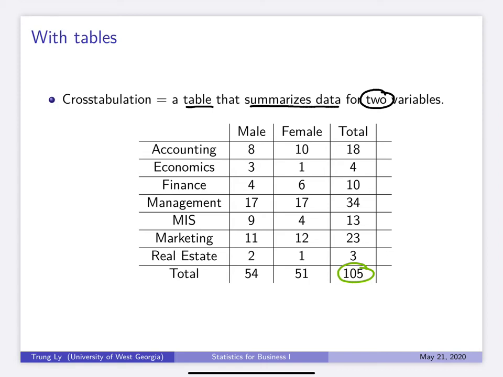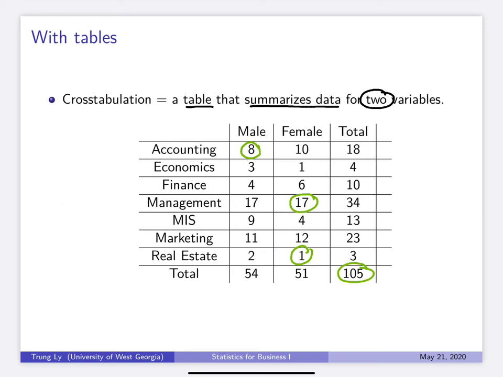For example, the number 8 here tells me that there are 8 accounting students who are male in my sample. The number 17 here tells me that there are 17 management majors who are female. The number 1 here tells me that there's one student who is a female who majors in real estate.